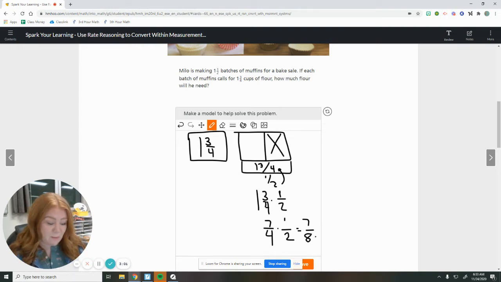Okay. So I know I want 7/8 here, and I want 1 3/4 here. So I'm going to put those together to see how much I want.